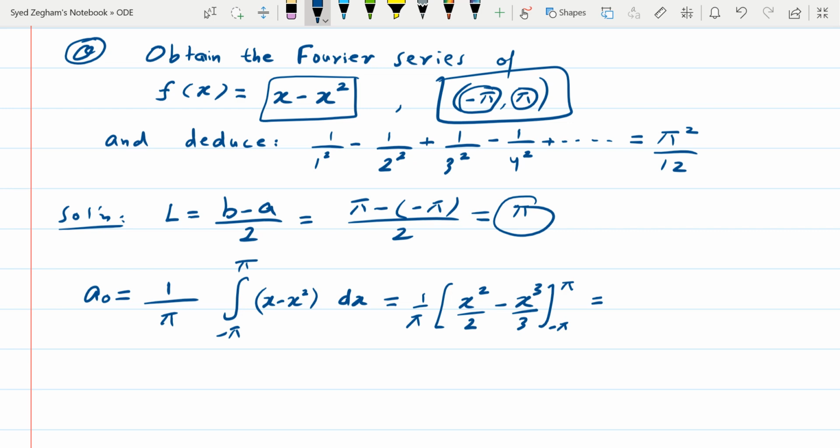And when you put the limits and you simplify, you will get the value of a naught as minus 2 pi square divided by 3. This is a very simple calculation, so I am leaving it to you.